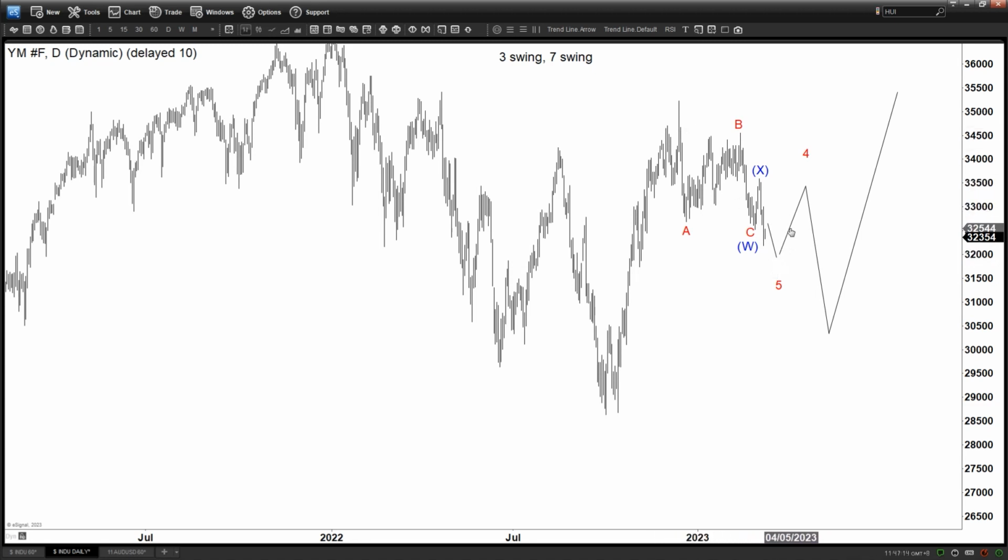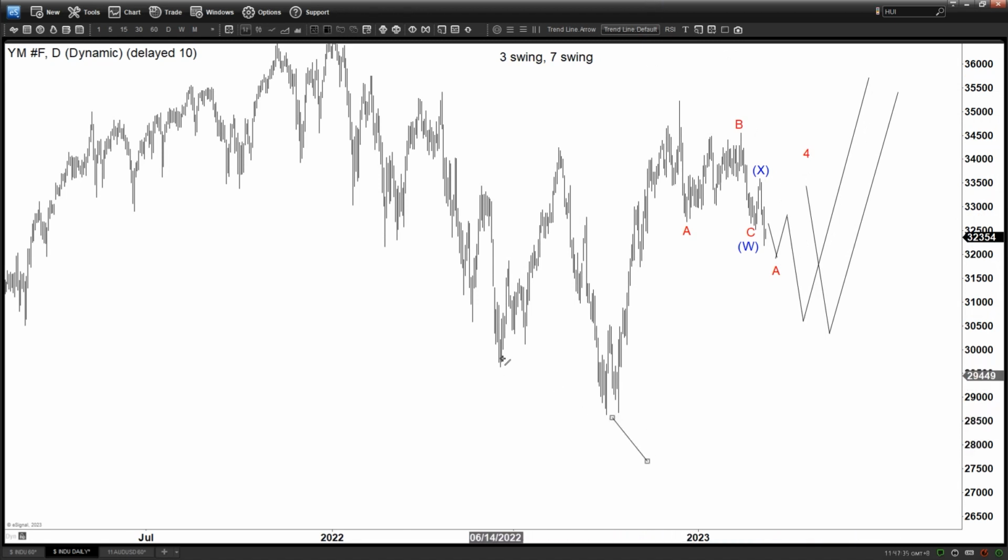The rally is not going to be correcting the 5 waves. The rally is simply going to be correcting this decline from this peak, and then it fails and goes down again like this, before finally turning higher, if you believe this is a major low.